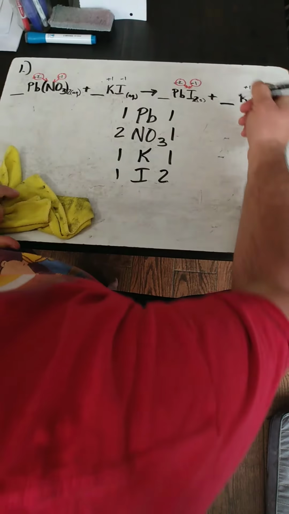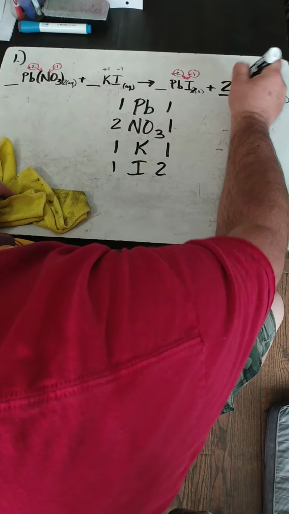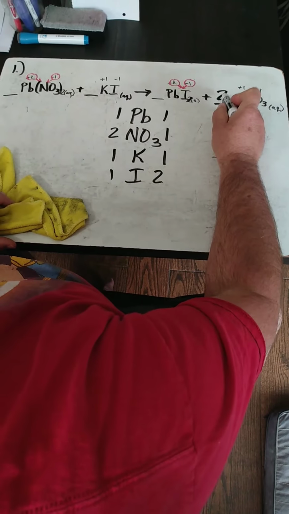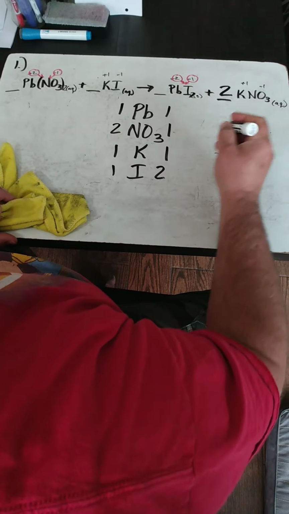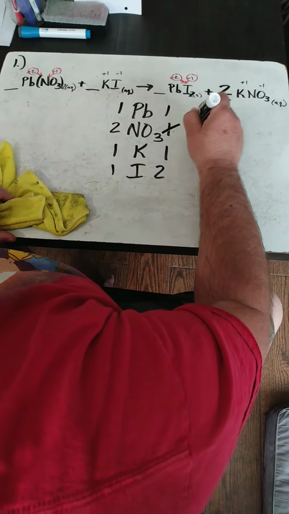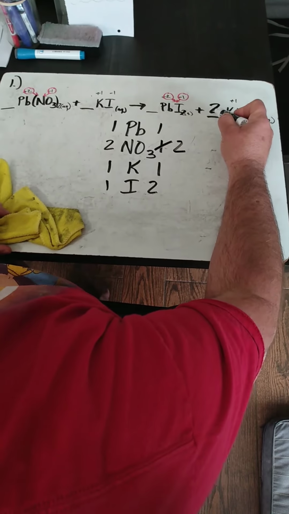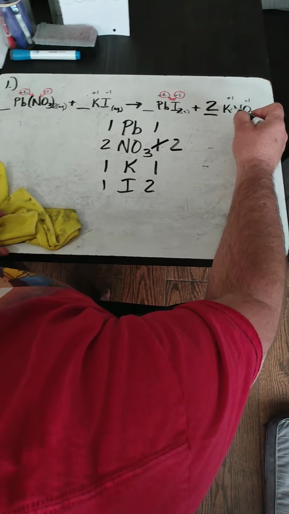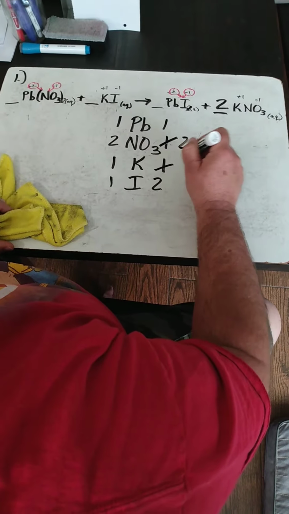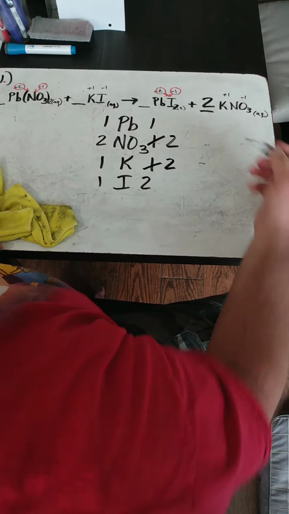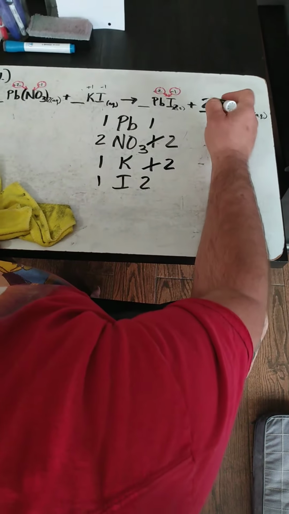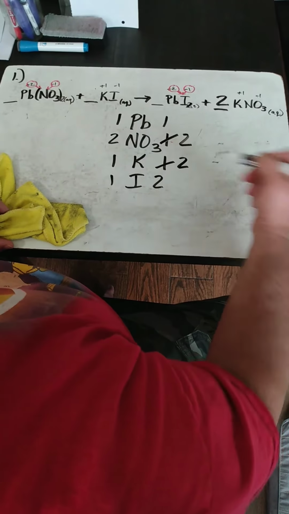So if I plug a coefficient 2 in here in the problem, the 2 distributes to the entire nitrate. So this is going to cross out and become a 2. But the 2 also distributes to the potassium. So now my potassium changes to 2. Okay, so I've now done my inventory again.